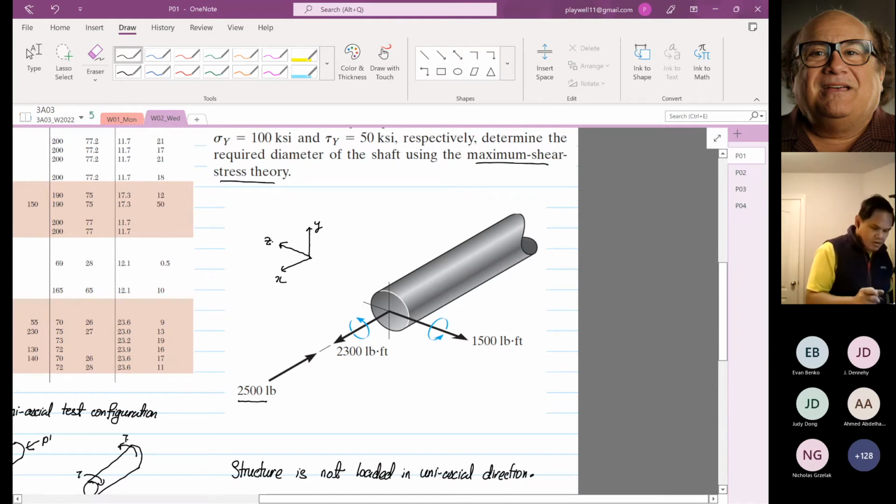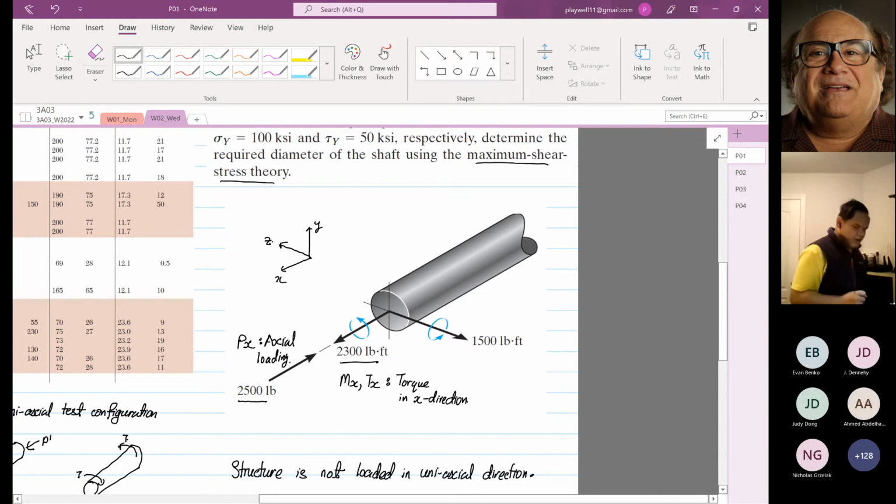compression. You have a torque, so you have Px, which, if you look at the structure, is under axial loading. And then the 2300 will be a moment in X, or for this case, the torque in X direction.